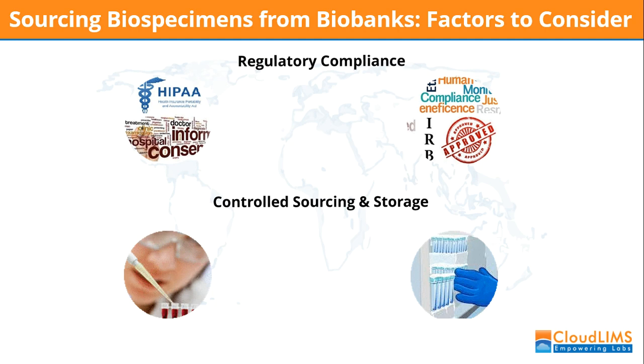There are several important factors one should keep in mind when sourcing or obtaining biospecimens from a biobank for research purposes. In particular, we need to look at the informed consent of the donors and what it allows us to do with these tissue samples. We need to make sure that we have NHS REC approval, or in the United States, IRB approval.